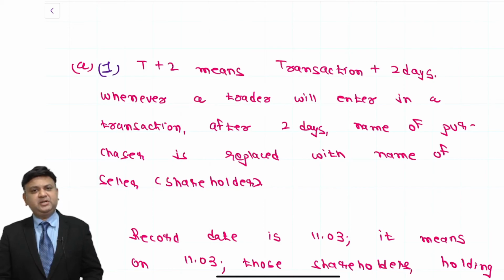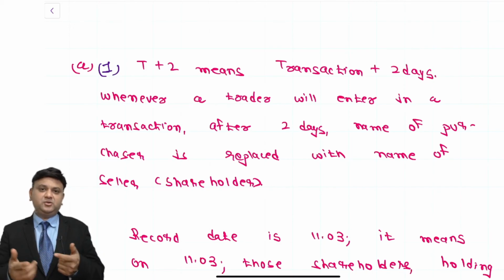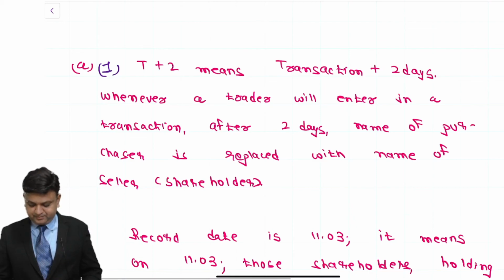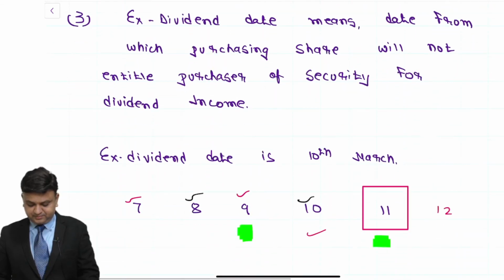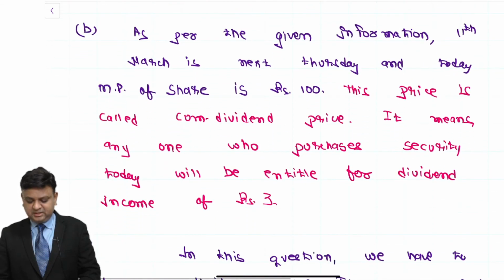That is the time period by which your name will be entered into the shareholders register if at all you are purchasing the security, or your name will be removed if at all you are selling the security. Record date is say 11th of March, so you should purchase the security by 9th March, and if at all you purchase from 10th onwards, you are not entitled for dividend. So ex-dividend date is 10th of March. That is say what the first question answer.